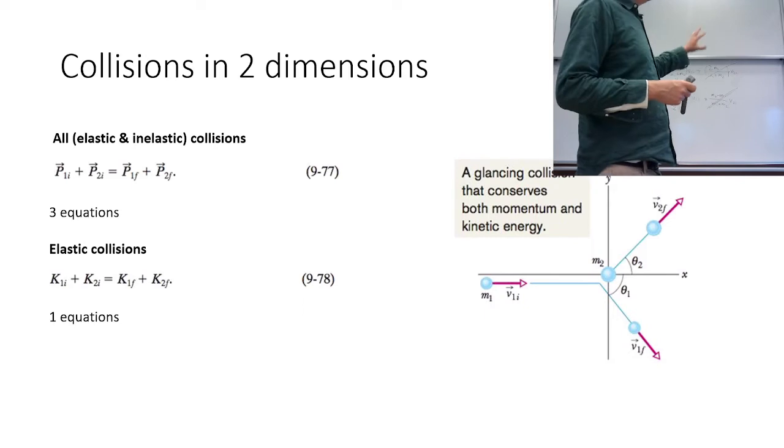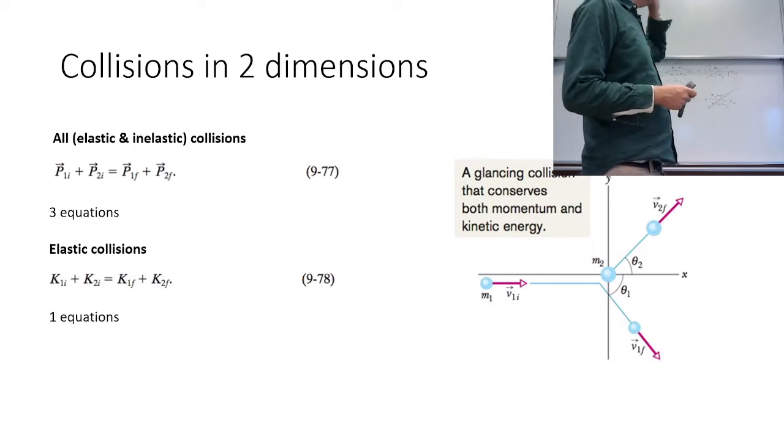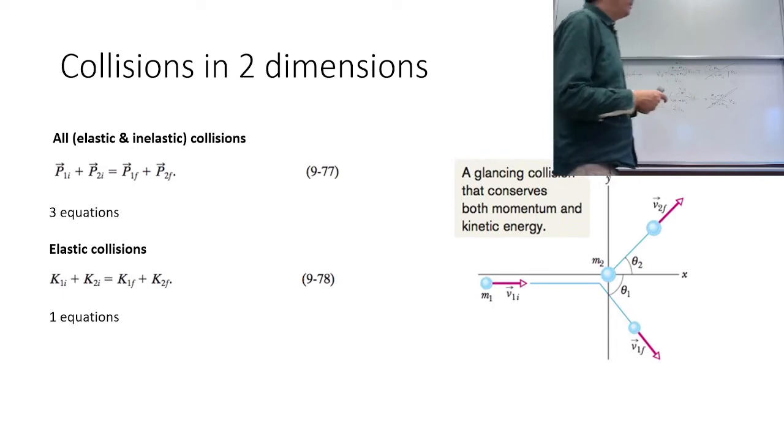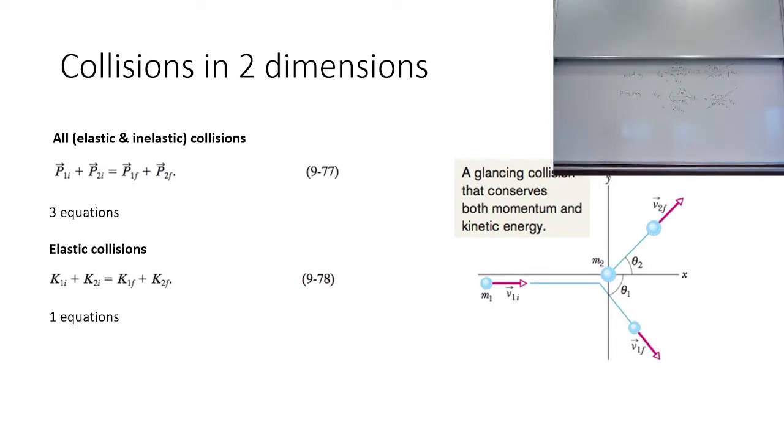This elastic collisions case was just a one-dimensional example. But of course we can go to 2 dimensions or 3 dimensions. In the case of all collisions, momentum is always conserved.